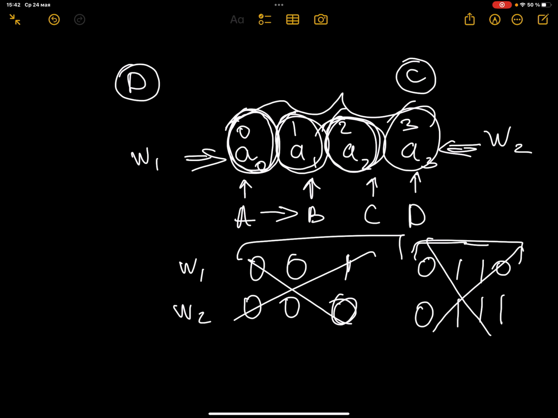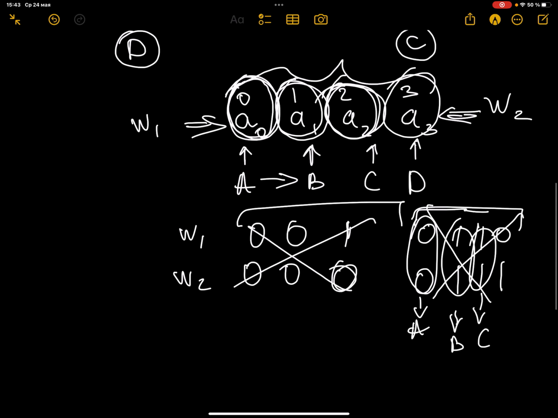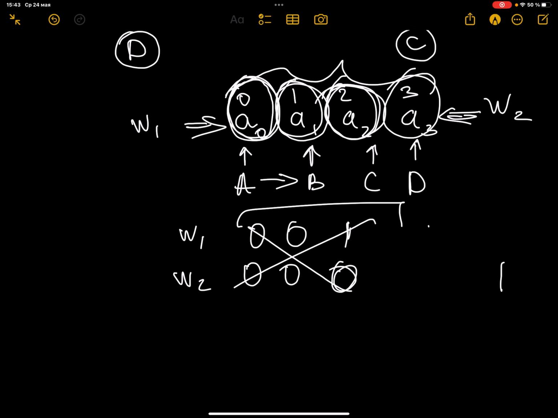So the first state is A, the second state is B, the third state is C. If any of these B, C states has 2 different values of W1 and W2, we're going to come back to the initial state. We're going to look again from the beginning. I hope it makes sense for you.